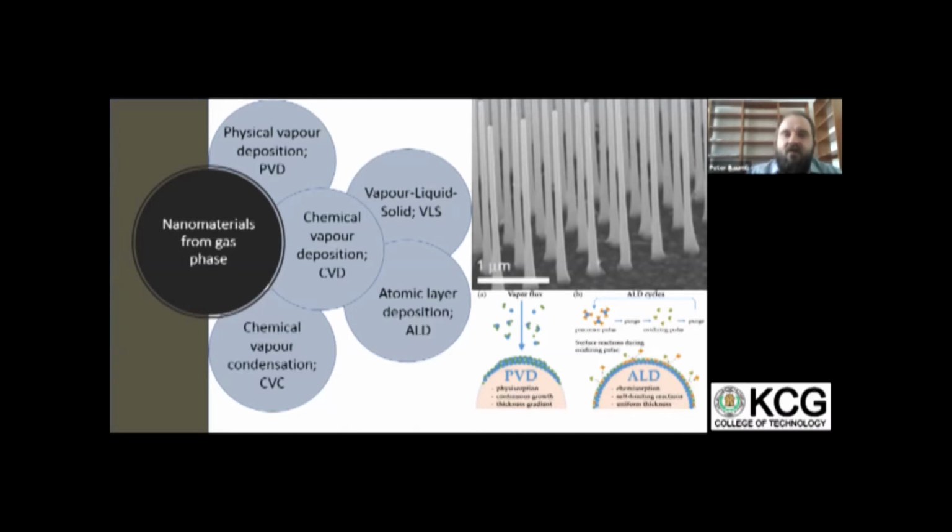We can use the so-called vapor liquid solid technique. It means that we use a vapor precursor material which contains the material of the nanostructure. We use a liquid phase which is a catalyst, and the product is solid.